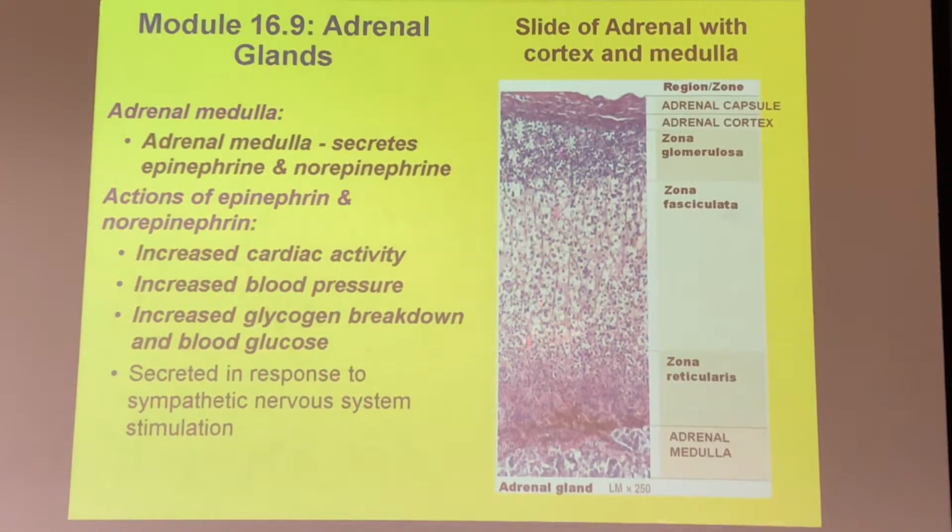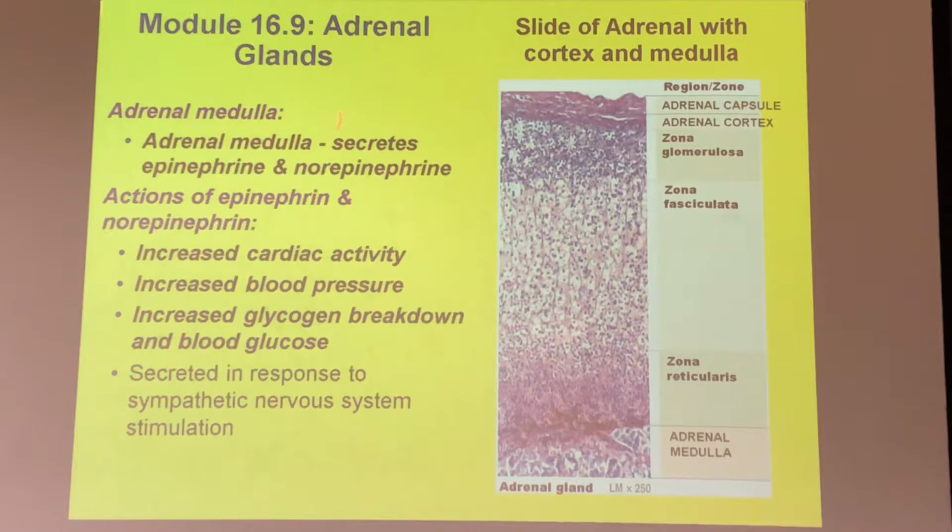So this whole thing is cortex, but inside, the pinkish thing here is the blood vessels. And I have some slides in the lab to show you how to identify cortex versus medulla.